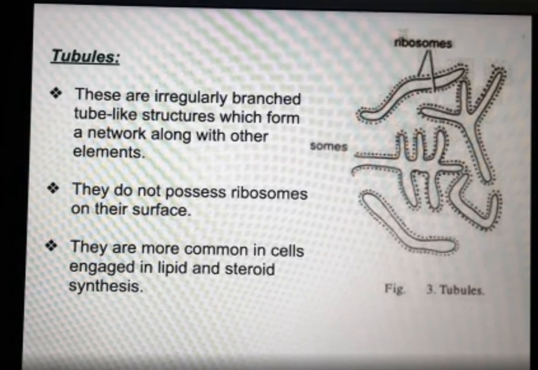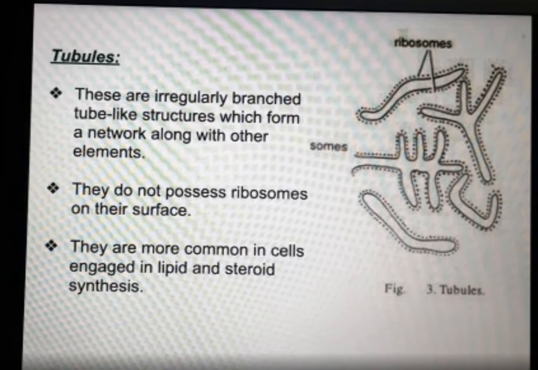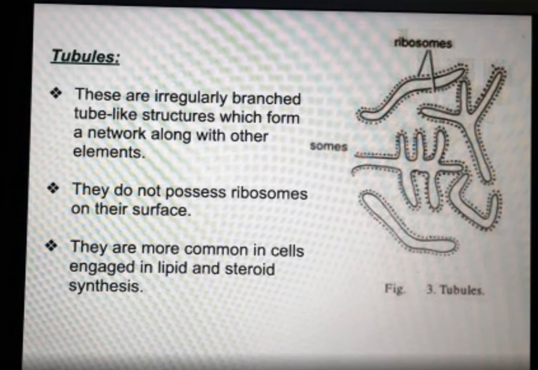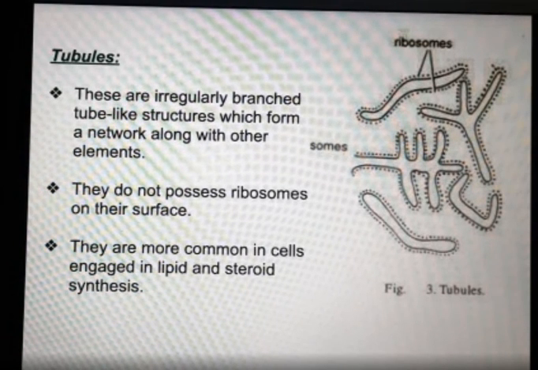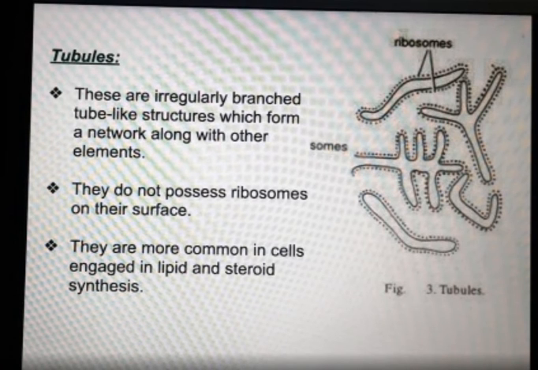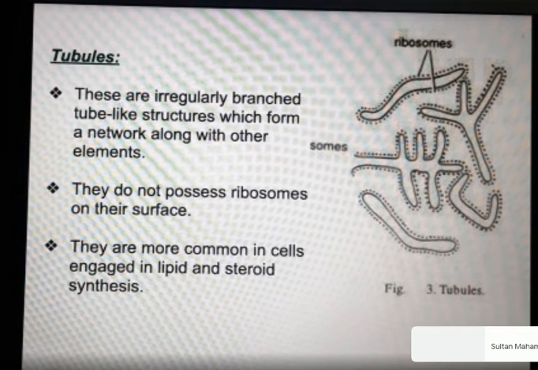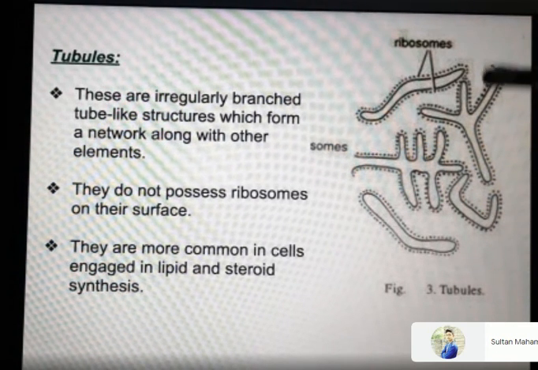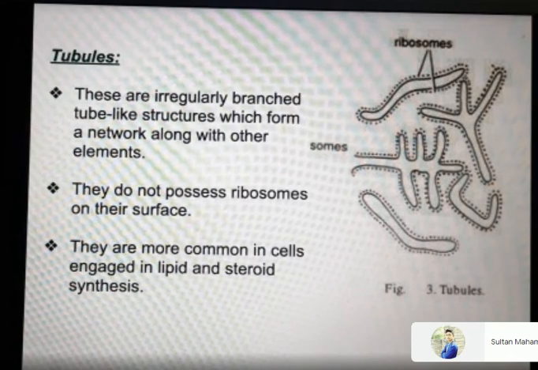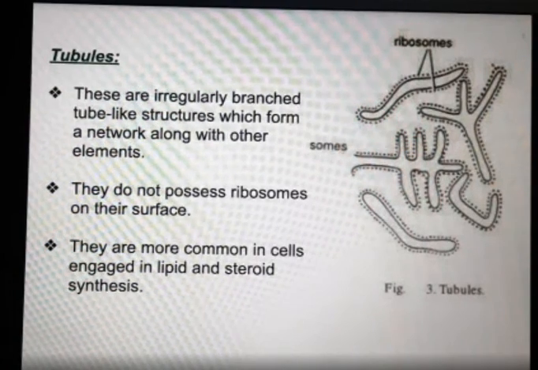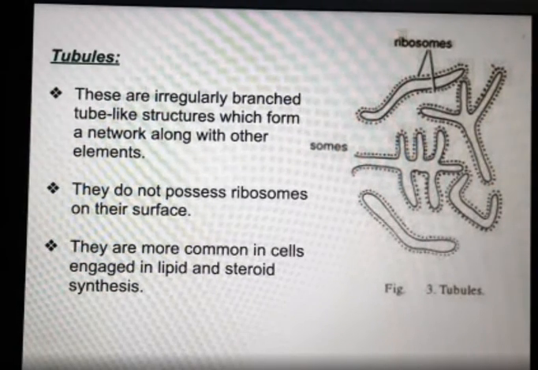Then the tubules: these are irregular, branched, tube-like structures which form a network along with the other elements. One was the simple plate-like structures that were attached parallelly. But here there is no one particular function, but an irregular branching system of tubes.